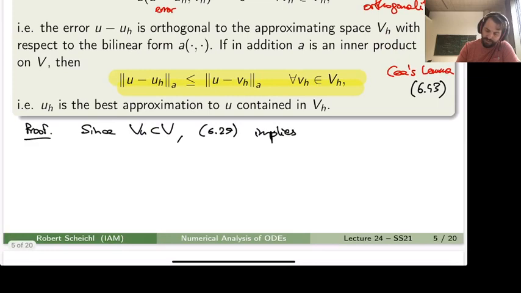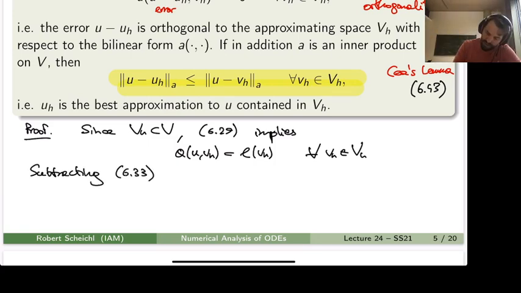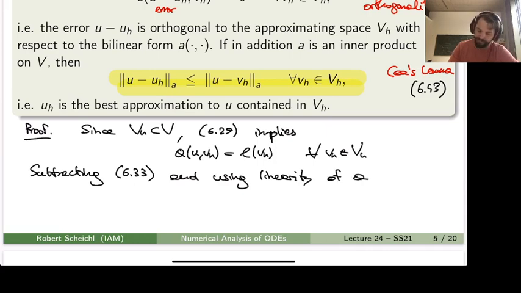So we get that A(U,V_H) is equal to L(V_H) for all V_H in V_H because it's a subspace of V. Now we can subtract 6.33 and use linearity of A. So we know also that A(U_H,V_H) equals L(V_H).